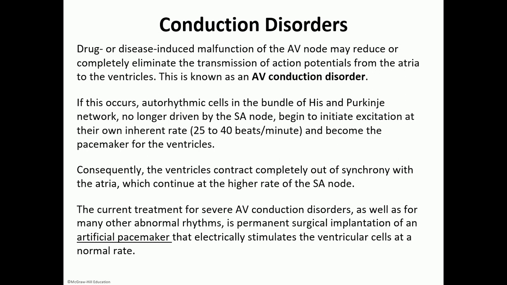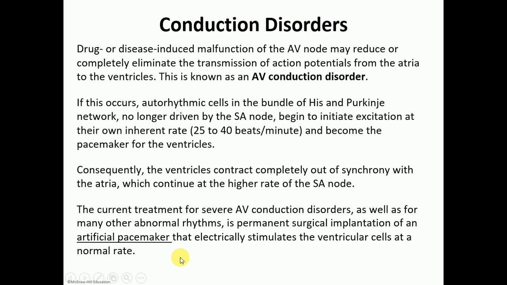For a little bit on conduction disorders, we already talked about how if the SA node is damaged for whatever reason, the other parts are going to pick up, like the AV node, the bundle of His or Purkinje fibers. They have slower rates, but they're good enough to keep the person alive. In order to treat an AV conduction disorder, we need to put in an artificial pacemaker, and that is going to stimulate the ventricular cells at a normal rate.